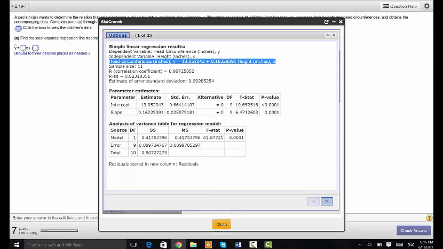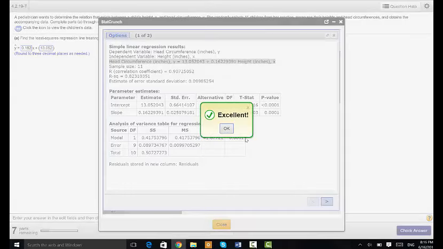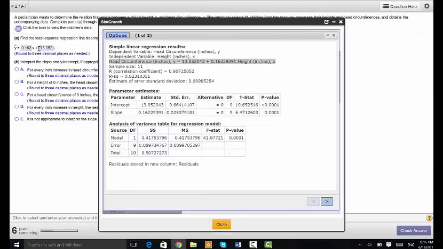That slope goes here, which is 0.162, rounded to 3 decimals, and 13.052 is your y-intercept, which goes to the back here. So let me try that. 0.162, and the next one is 13.052. Enter. Okay, excellent. So that's how you read that line.